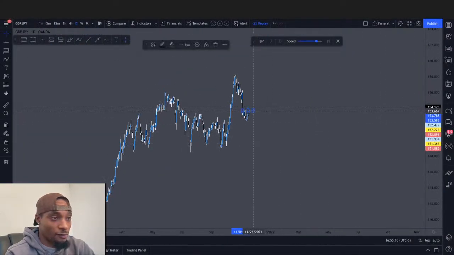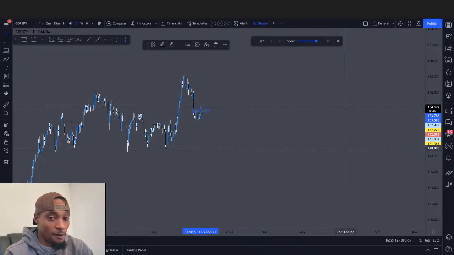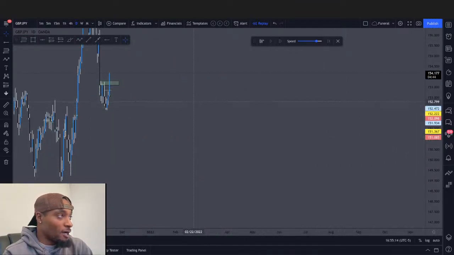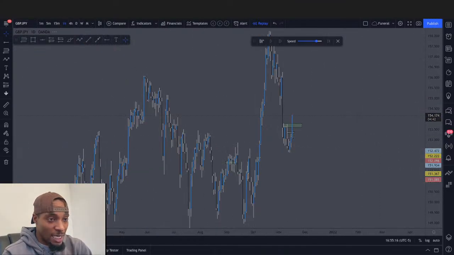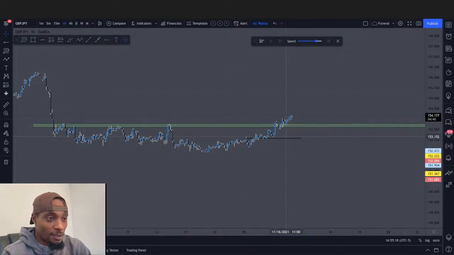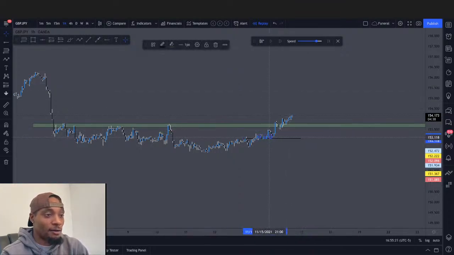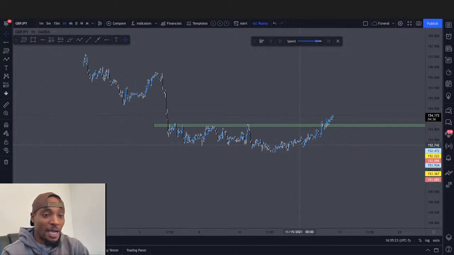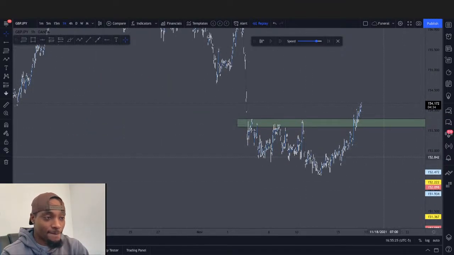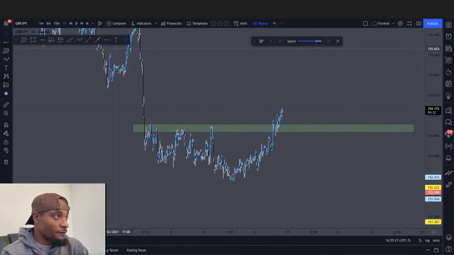Let me get this off the charts, and then we can come back to it another time later in the day and see what the analysis was looking like. So I'll just be looking for buys from this area if we do get a retest, and we'll leave that on screen.